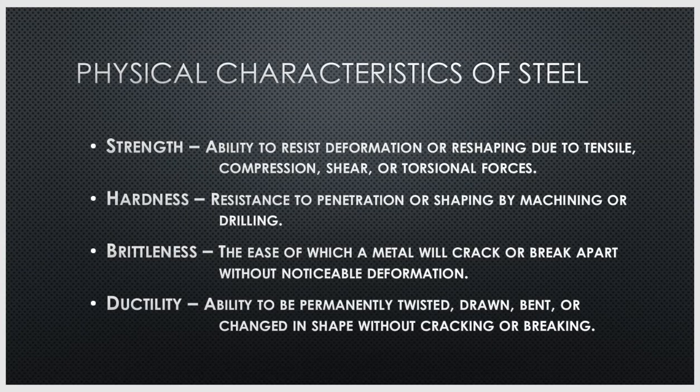Okay, so what's all this stuff that I'm talking about when I say strength, hardness, brittleness, ductility? What do these terms mean, and what does the steel do when we start using these terms?